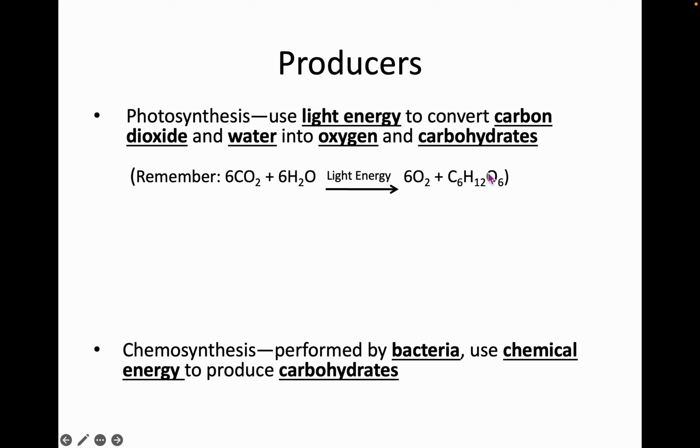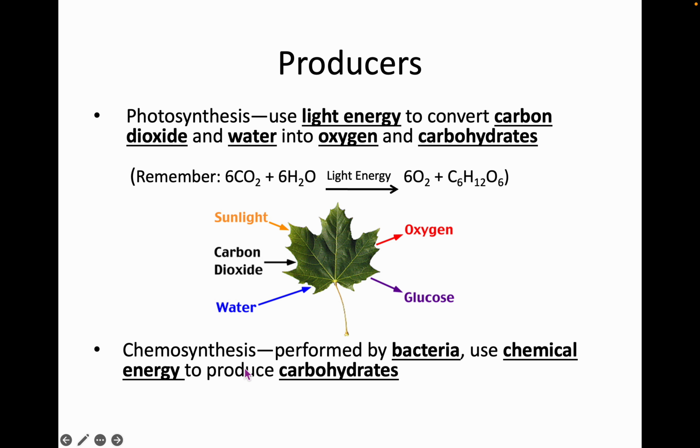That is what plants do to give us the oxygen that we need to breathe. Chemosynthesis is performed by bacteria, and that uses chemical energy to produce carbohydrates or those sugars that are needed. So different processes, but in the end are both yielding sugar for life.